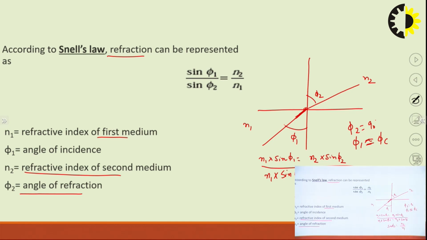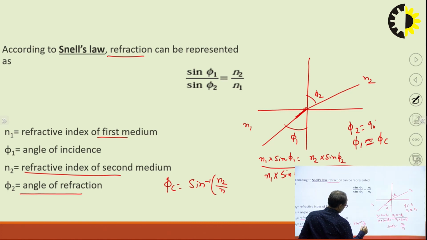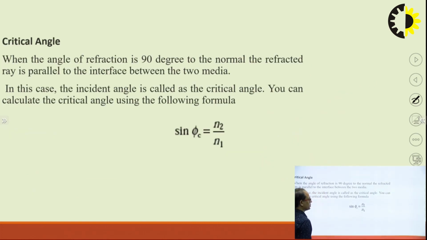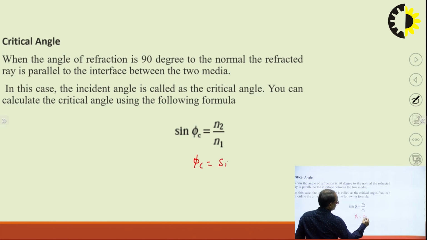As we know that sin 90 degrees is equal to 1, so phi c, the critical angle, will become equal to sin inverse of n2 by n1.